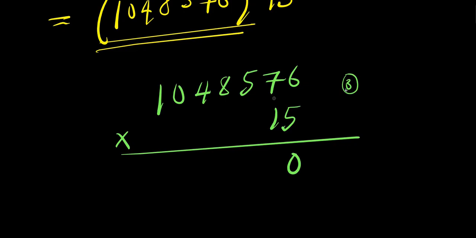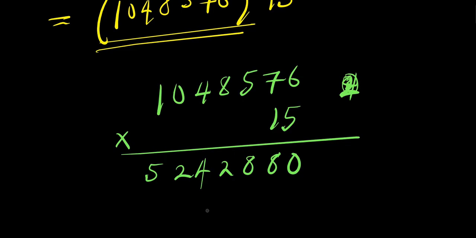Then 5 times 7, 35 plus 3, 38, 8 carry over 3. 5 times 5, 25 plus 3, 28, 8 carry over 2. 5 times 8, that is 40, 40 plus 2, 42, 2 carry over 4. 5 times 4, 20 plus 4, 24, 4 carry over 2. 5 times 0, 0, 0 plus 2, 2. 5 times 1, 5.